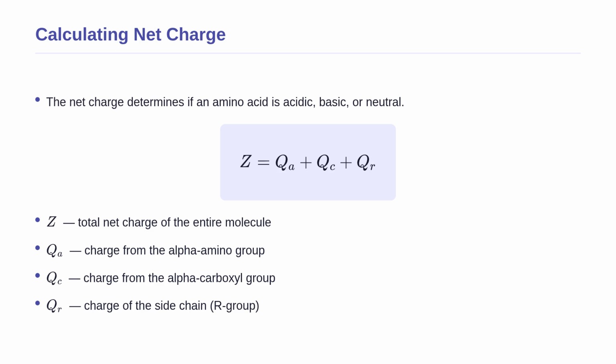Qa represents the charge from the alpha amino group, which is usually +1 at neutral pH. Qc represents the charge from the alpha carboxyl group, usually -1. Finally, Qr represents the charge of the side chain. If the environment becomes more acidic, groups will gain protons, and the overall charge Z will become more positive.